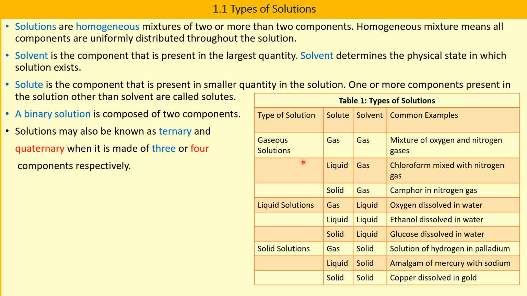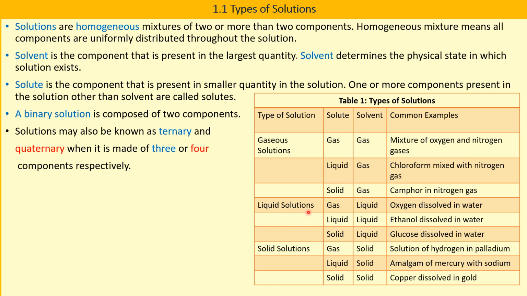Similarly, they can be a liquid solute and a gas solvent, that is chloroform mixed with nitrogen. So chloroform is liquid and nitrogen is gas. The third type in the gaseous solution is solid solute and gas solvent. For example, camphor in nitrogen.